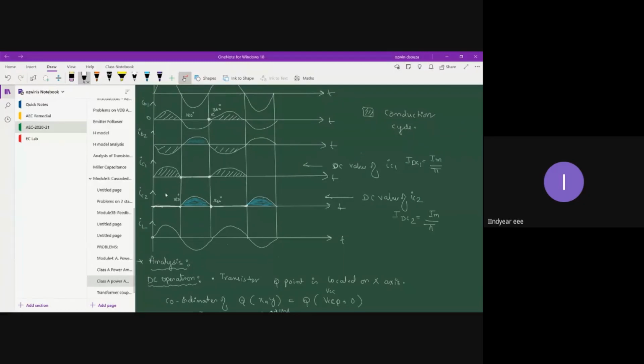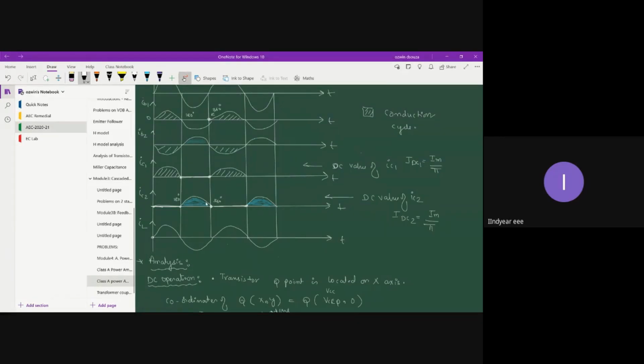So while calculating the DC power input, you have to consider the DC value of IC1 and IC2. The DC value of IC1, a half wave rectified waveform, is Im by pi. Similarly, the DC value of IC2 is again Im by pi.